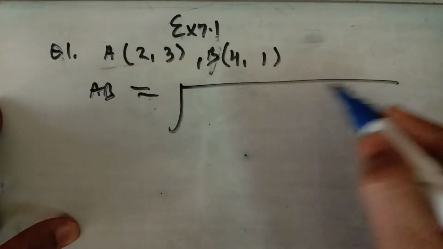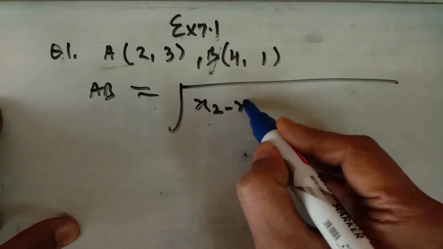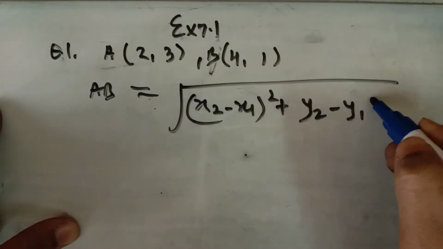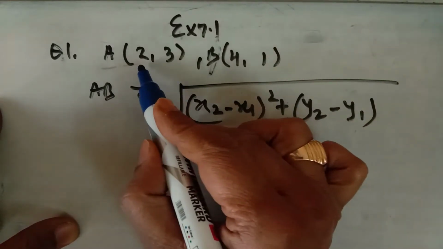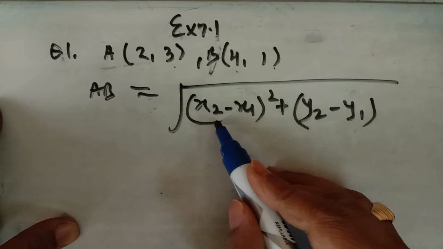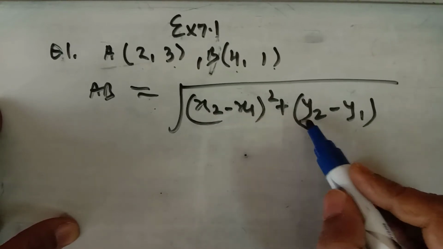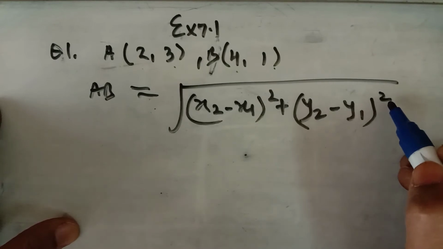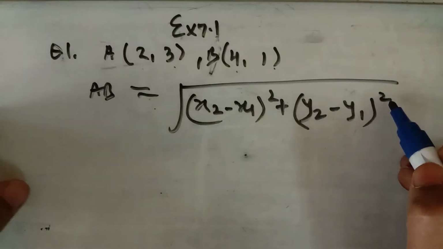It is equal to under root (x2 minus x1) whole square plus (y2 minus y1) whole square. This is x1, this is y1, this is x2, this is y2. You can write the formula as (x1 minus x2) whole square plus (y1 minus y2) whole square, because it doesn't matter, as the whole square always makes the value positive.